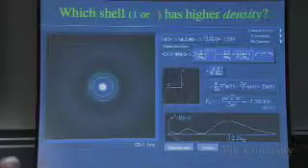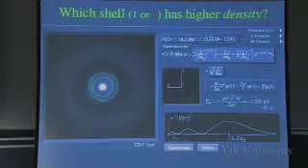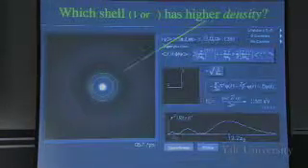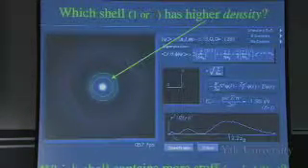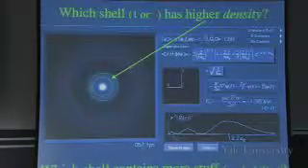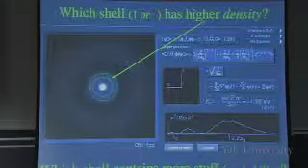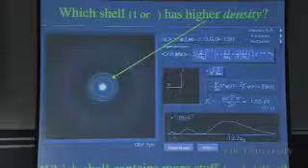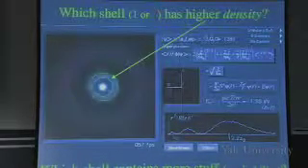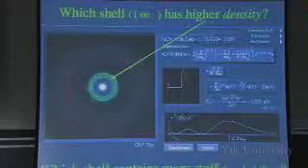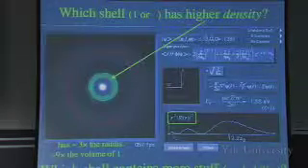Which shell has higher density, 1 or 2? 1, clearly. Now, here's a different question. Which shell contains more electron density? More stuff? Which one has more probability? It's not obvious, because 1 has higher density, but 2 is much bigger. In fact, 2 has about 3 times the radius of 1.